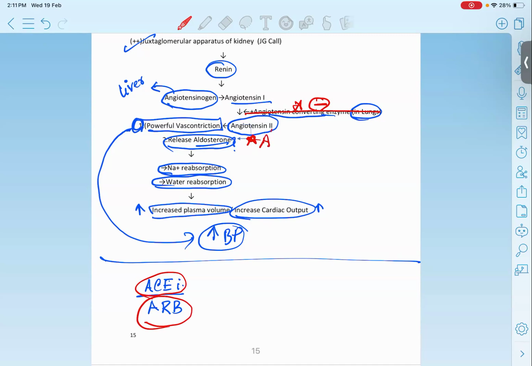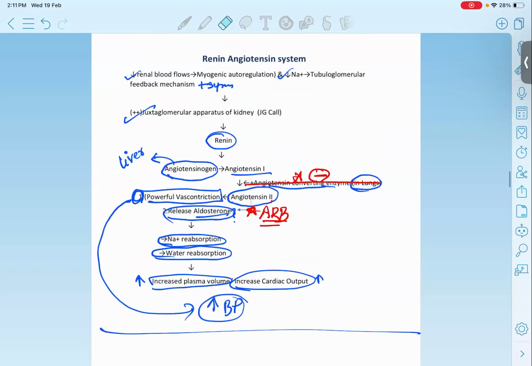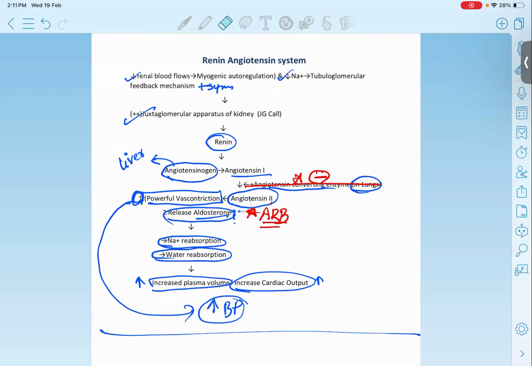This is the angiotensin receptor blocker, or angiotensin 2 blocker, whatever you say. So it blocks the potent form, angiotensin 2, and it cannot produce aldosterone in the zona glomerulosa. So this is a clinical correlate, but that is all about the renin angiotensin system.